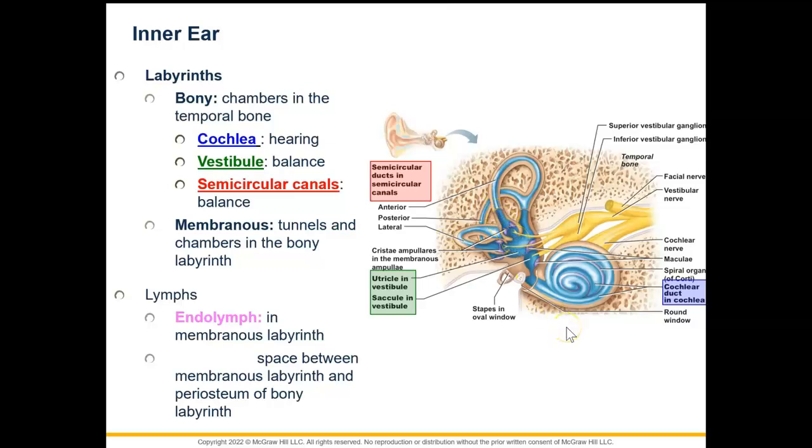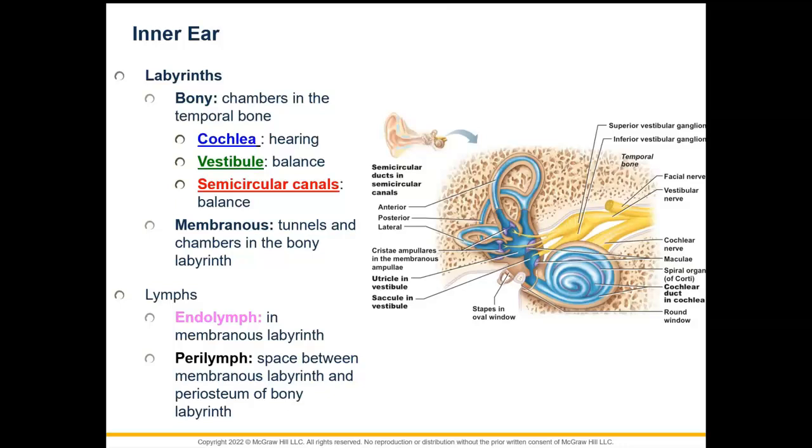Now, inside these chambers, we are going to have certain fluids. So we have endolymph in the membranous labyrinth. And then we have perilymph that is found in the space between the membranous labyrinth and the periosteum of the bony labyrinth.